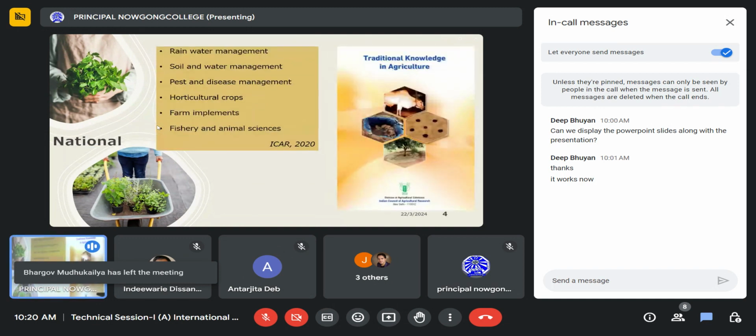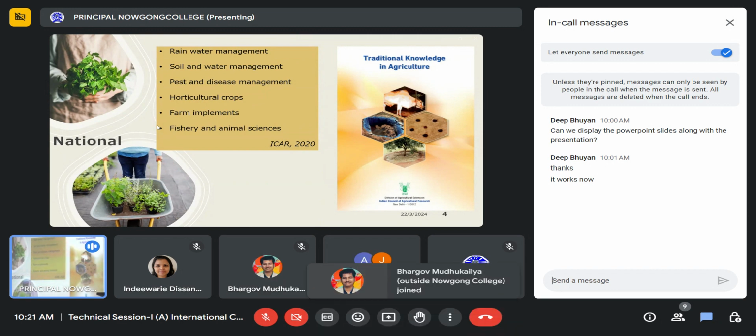At the national level, there's a report published recently in 2020 by the Indian Council of Agricultural Research, where they talk about different management schemes like rainwater, soil and water, pest and disease, horticultural crops, farm implements, fishery and animal sciences.